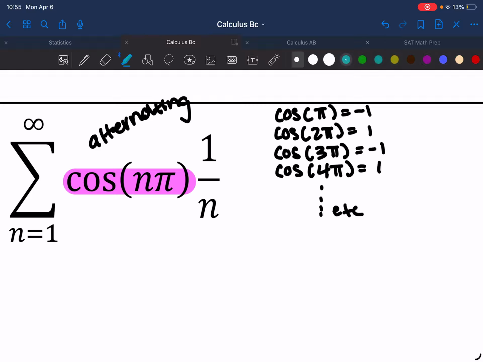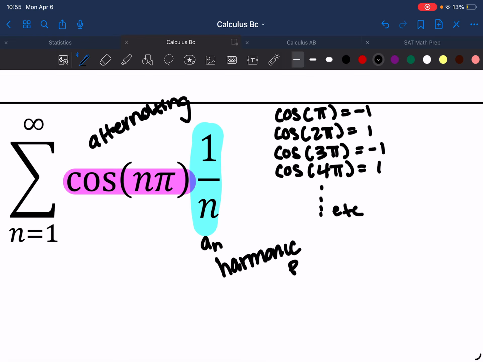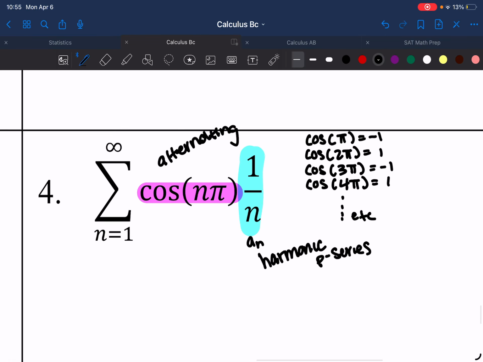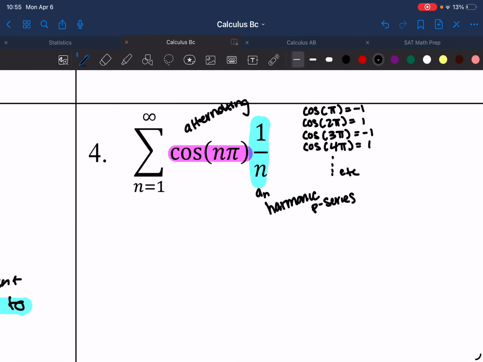So we can use the alternating series test to try to prove that it is converging. Here a sub n is something you should recognize as the harmonic p-series. Because of these two things, we are going to prove that it converges the same way we proved that number 1 converges. Remember, we said if it's an alternating harmonic p-series, then it's going to converge.